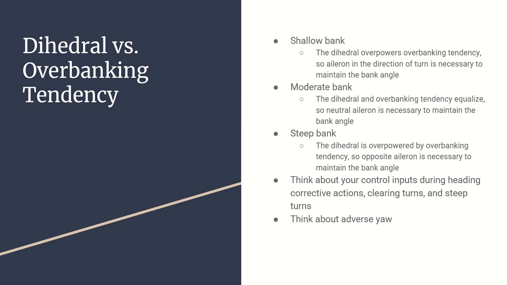If that's happening, then we will actually have adverse yaw acting in the direction of the bank, and we will likely have to decrease the amount of rudder we need in the direction of turn. So we're not going to have that much. Everything affects everything when we compare all of these things.